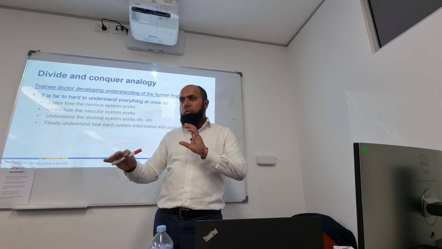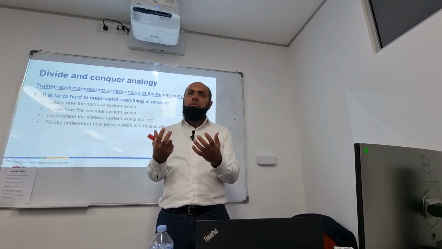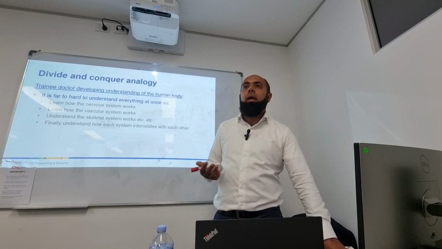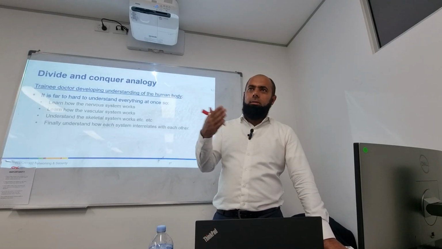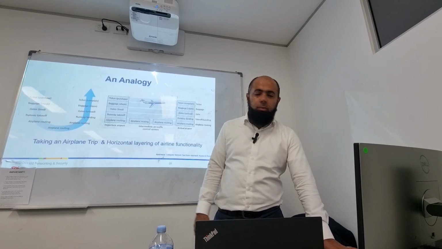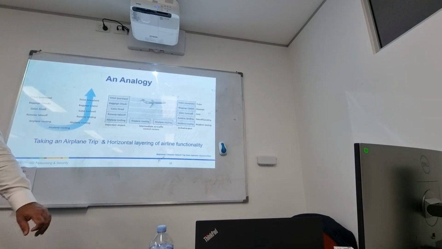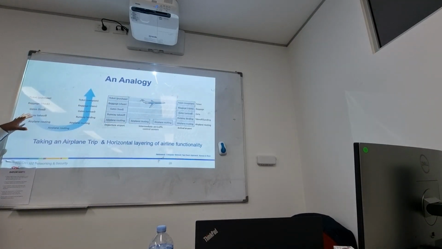If we divide it into small parts, try to solve them separately and understand them, then it makes sense to us. So it's the divide and conquer analogy: divide it, learn it, conquer it, and then move forward. It is very important to understand this example in the field of networking, and that is why it is given.